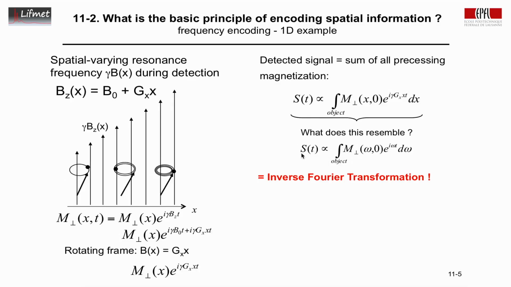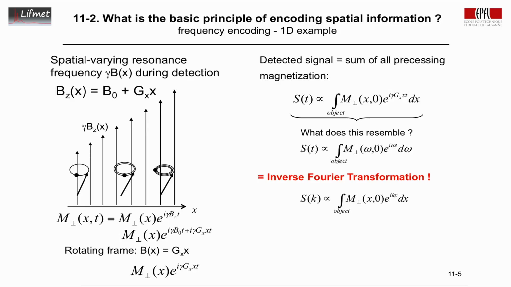The signal that we are detecting is the inverse Fourier transform of the magnetization as a function of frequency. Here frequency and position are linearly linked through this equation. So this is a Fourier transformation of the object's magnetization that we detect.